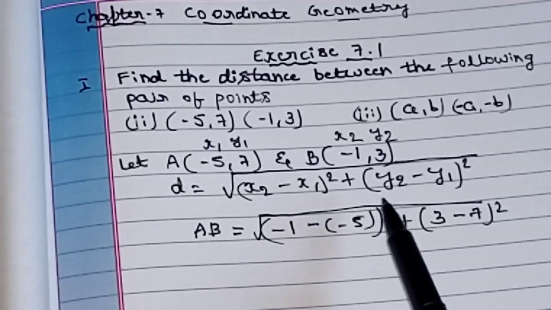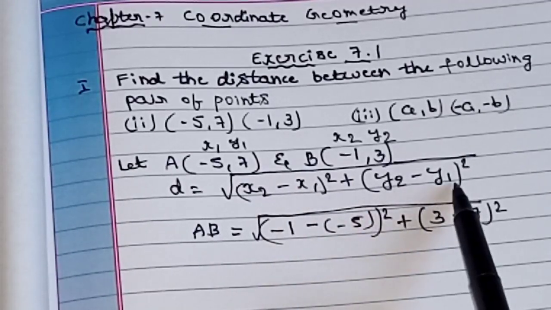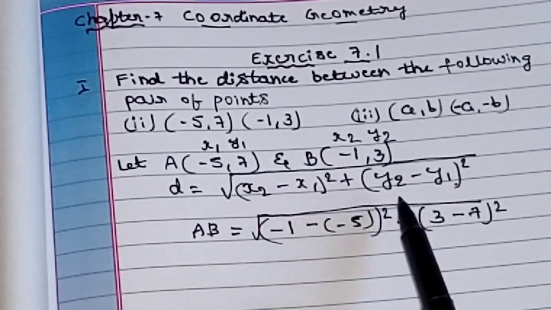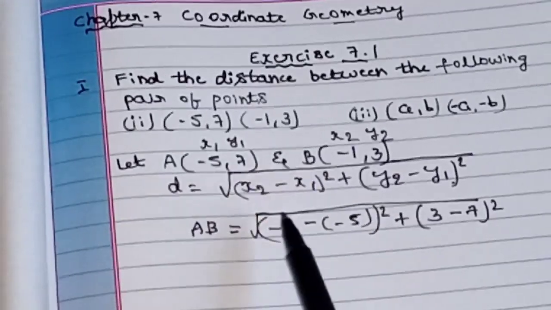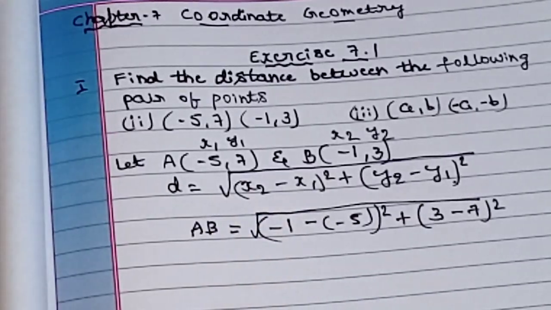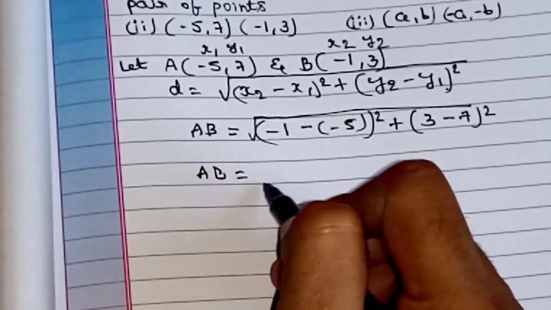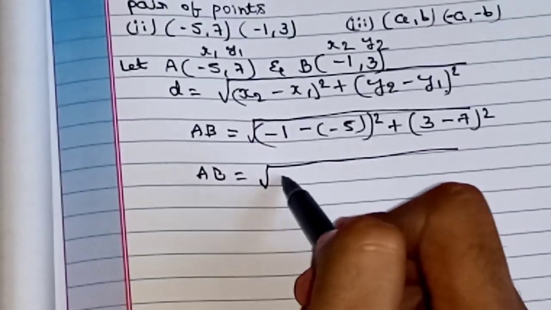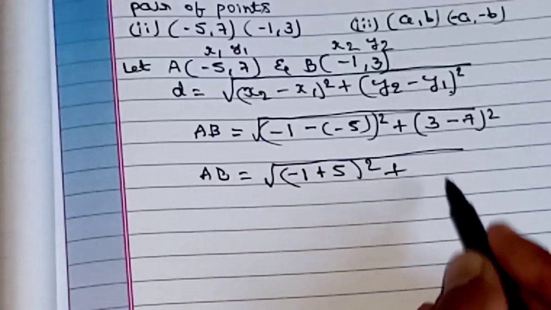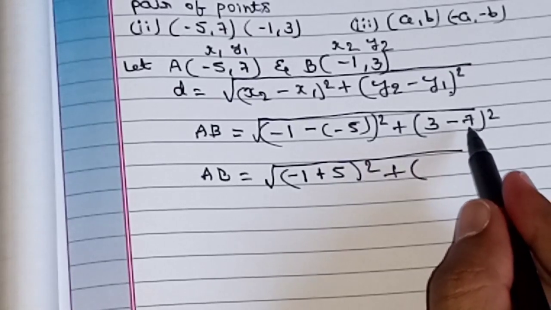Now I'll explain the same thing again. The distance formula is square root of x2 minus x1 whole square plus y2 minus y1 whole square. Here you need x1, x2, y1, y2, and we have the values, so I'm applying them in place of x1, y1, x2, y2 and simplifying. AB equals square root of, keep the minus 1 as it is first. Minus into minus is plus, so write plus 5 whole square plus. Now subtract 3 minus 7.